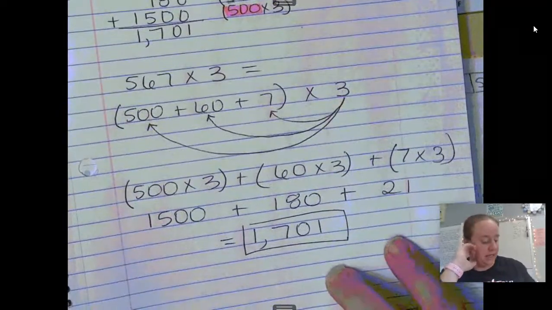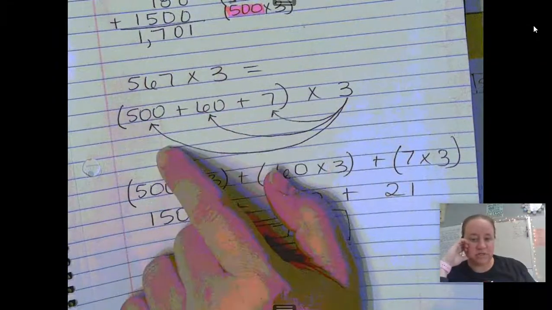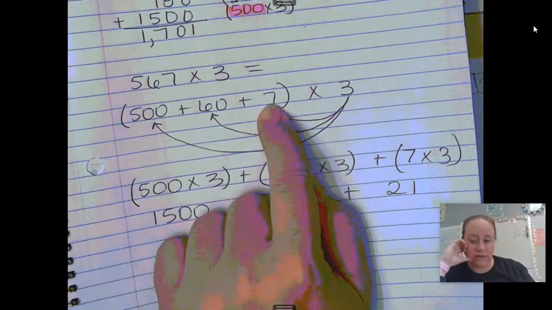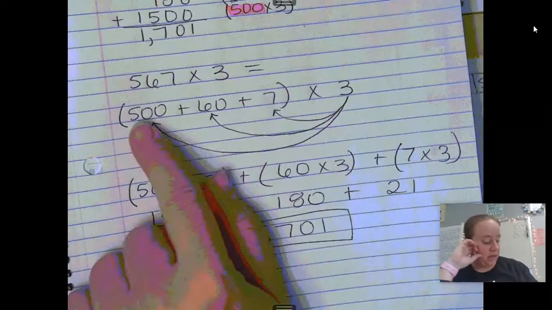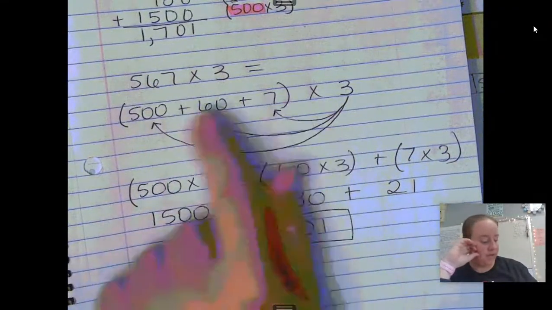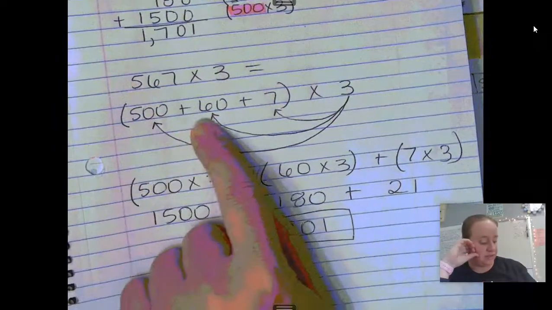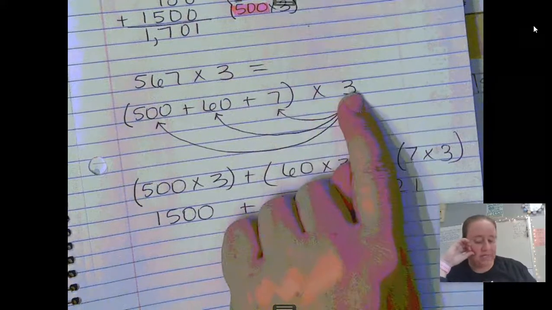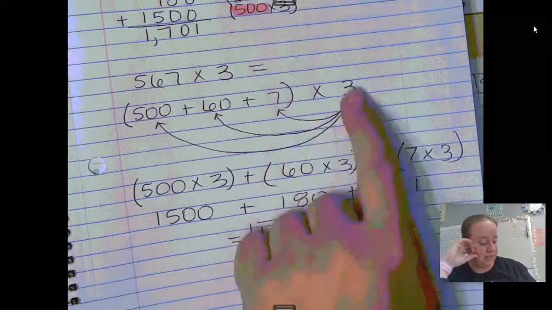So here, again, 567 times 3, this is just another way to solve it. You go ahead and put it out in its place value. And so according to its place value, the 5 is 500, the 6 has a value of 60, the 7 has a value of 7, and we're going to take the 3 and we're going to multiply it by each of these numbers.